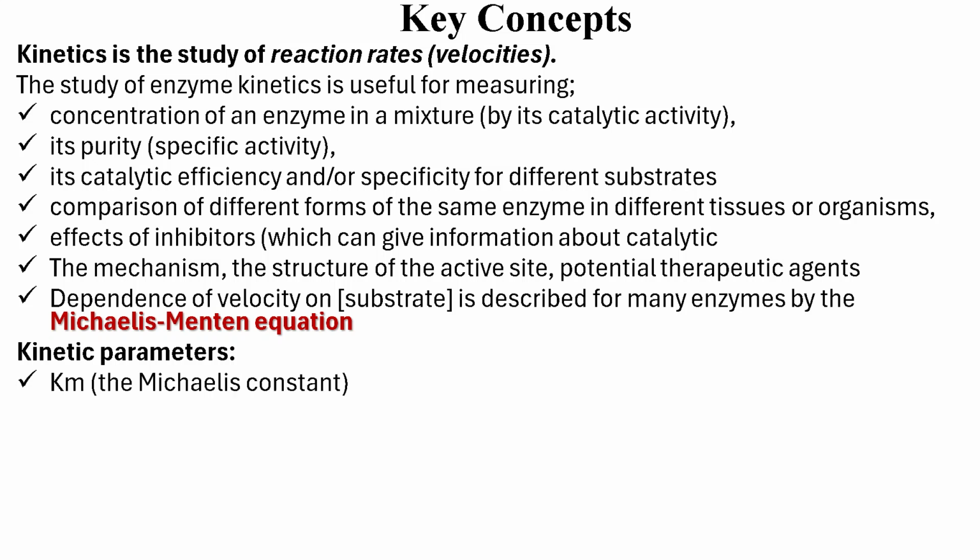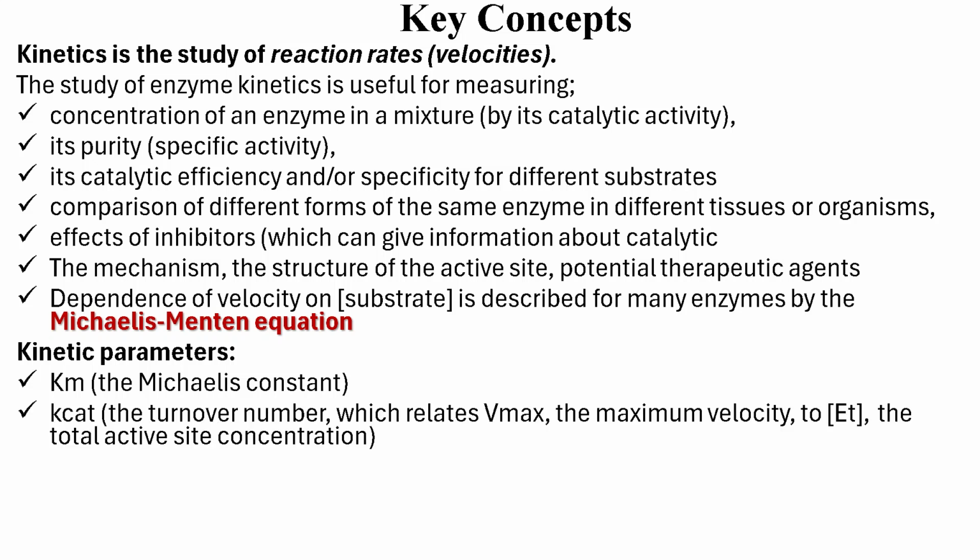And these kinetic parameters, we have the Km, which we call the Michaelis-Menten constant. We have the Kcat, which we call the turnover number, which relates the maximum velocity with the total enzyme or total active site concentration. Now, in enzymology, we always look at enzyme concentration as total enzyme active site concentration.